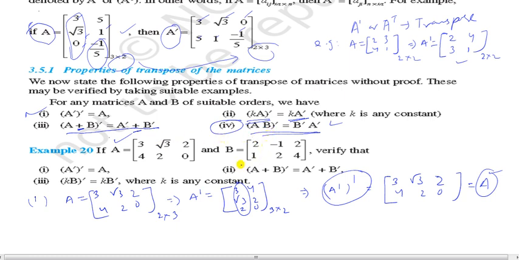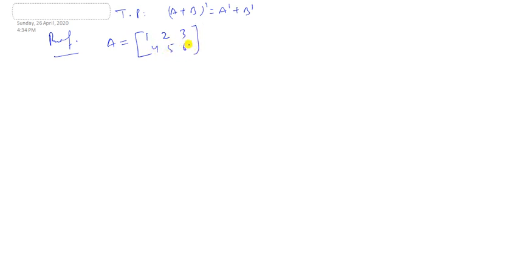So we are going to prove properties number 3 and number 4. For that I have taken two matrices. I have to prove A plus B whole dash is equal to A dash plus B dash for any two matrices. So let me prove it by taking, suppose A is 1, 2, 3, 4, 5 and 6, and B will be equal to 2, 3, 4 and 1, 0 and 1.